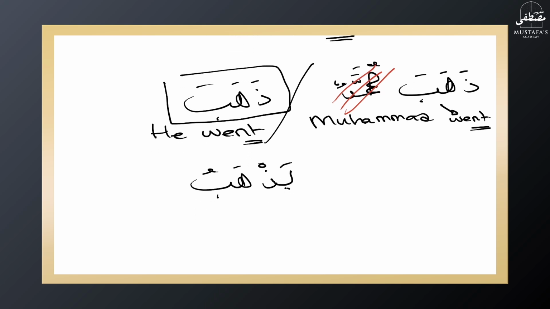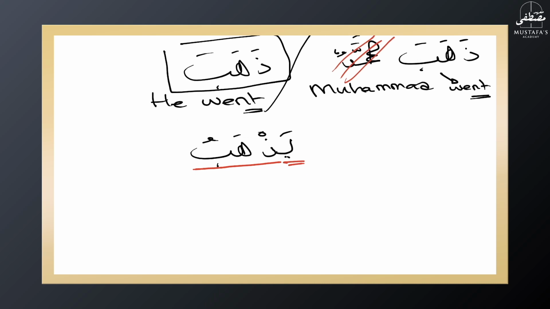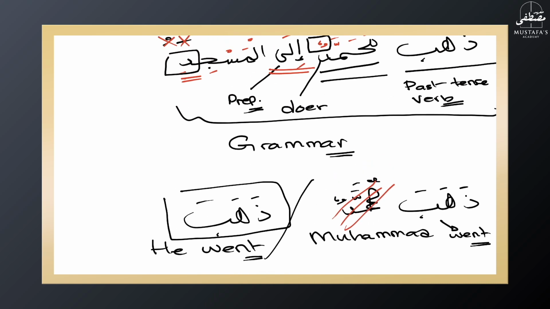Now, how do I know to add this ya? How do I know to change the diacritics of the rest of the word? How do I know how to do that? That's where sarf comes in, which is morphology. Another example I'll give you. We used the word masjid.